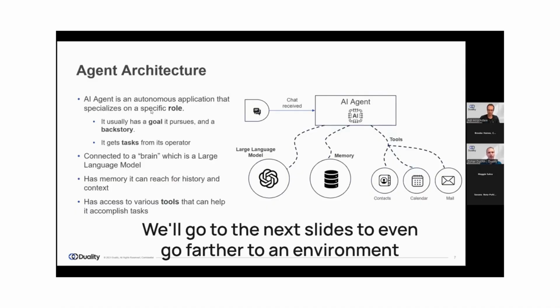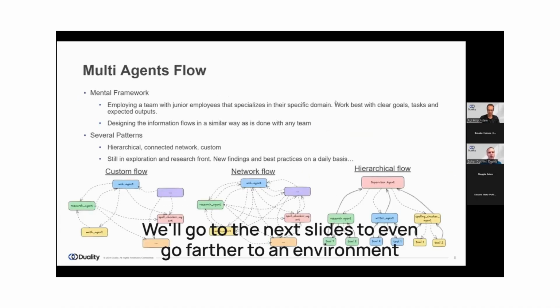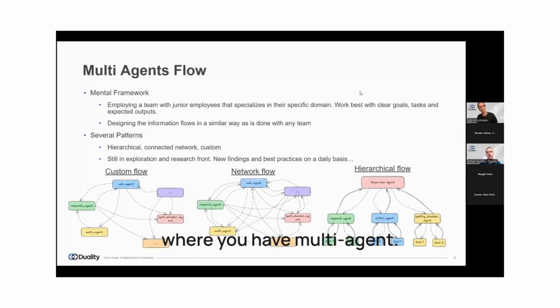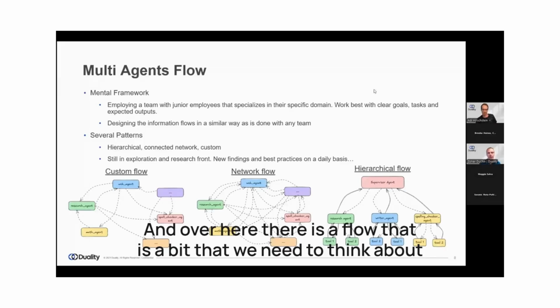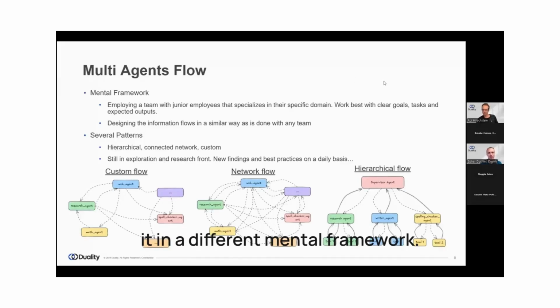We'll go to the next slide to go even further, to an environment where you have multi-agents. And over here, there is a flow that we need to think about in a different mental framework.